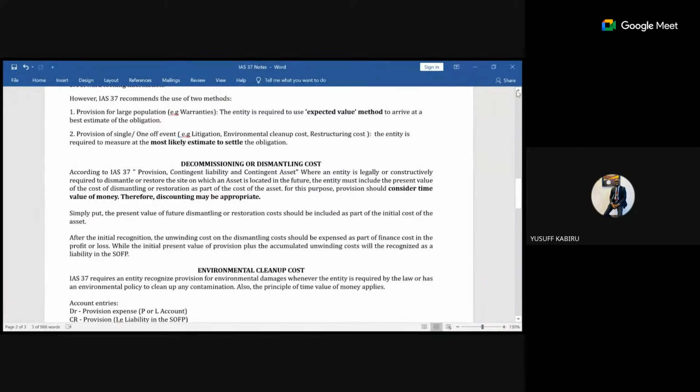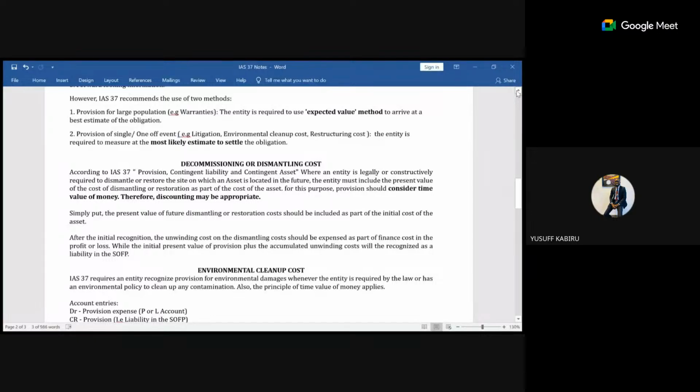That's 1 million naira, right? So your unpaid interest, that's your unwinding cost, you'll be applying it yearly till that 5 years. Then it's going to be your 15 million or 10 million, as the case may be.